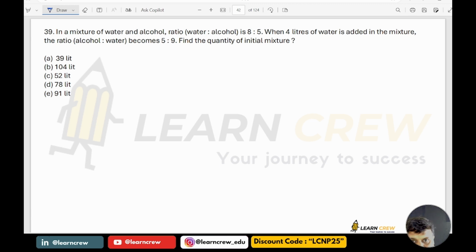So please see here, initially you have water as 8x and alcohol as 5x. Some water is added. How much? 4 liters. Thereby, the ratio of alcohol to water becomes 5 is to 9. So alcohol is 5 parts, water is 9 parts.